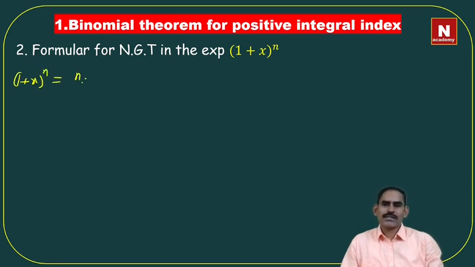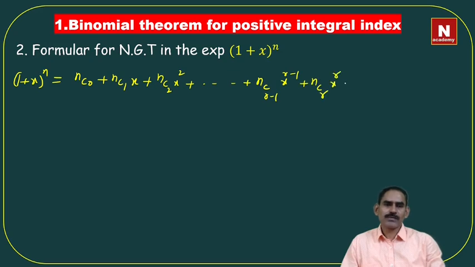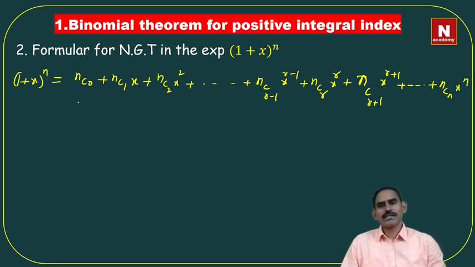This is nC0 plus nC1 x plus nC2 x square and so on, nC(r minus 1) x^(r minus 1), nCr x^r, next nC(r plus 1) x^(r plus 1) and so on, nCn x^n. This is the expansion of (1 plus x)^n.